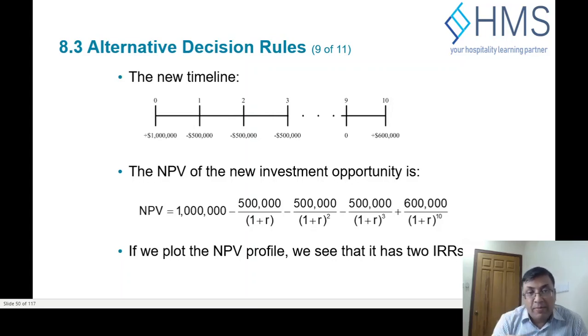The new timeline here is: in the first year you get 1 million, then you have to pay $500,000 for the next 3 years, and at the end of the 10th year you get 600,000, right? The NPV in this case will become positive. But if we plot it on the NPV profile, you will see two IRRs.